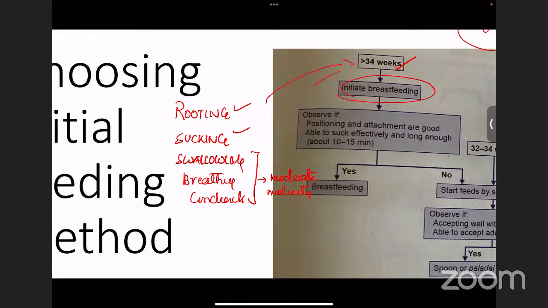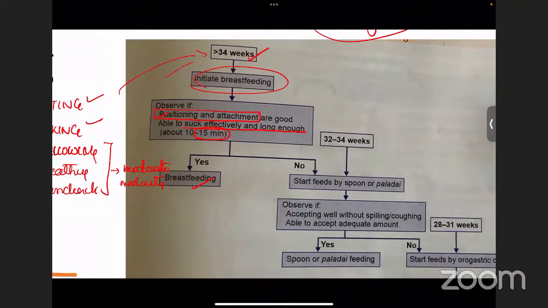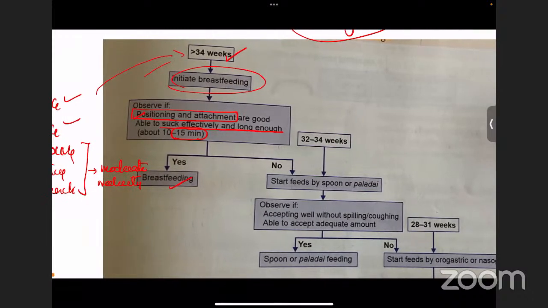Start initial breastfeeding. Observe if the positioning and attachment are good. If the child can effectively suck long enough, at least for 15 minutes, and positioning and attachment are good, then continue breastfeeding. But if the positioning and attachment are okay and she's not sucking continuously, she takes rest in between. She can suck for 3 minutes and rest for 4 minutes, again and again.